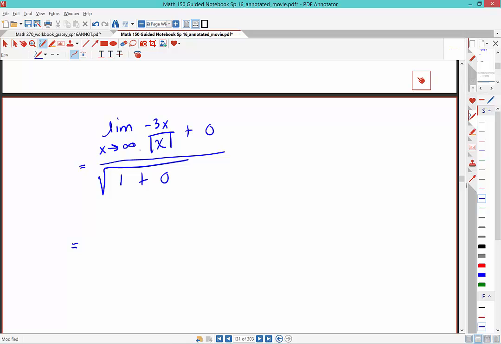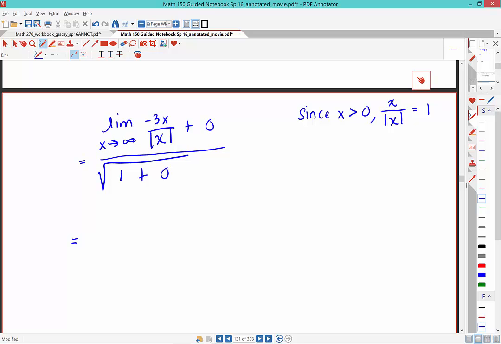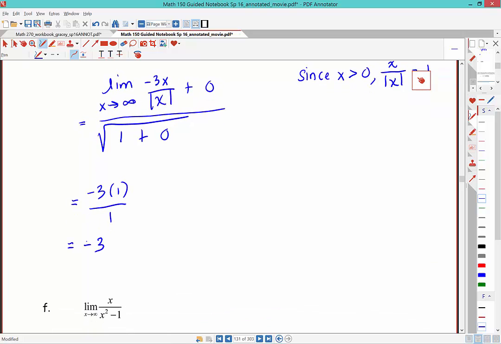So basically let me write this down, since x is greater than 0, x over the absolute value of x is going to be equal to positive 1. If x was less than 0, we would have gotten a result of negative 1 for that. So what will happen is we'll get negative 3 times 1 over 1, which is negative 3.